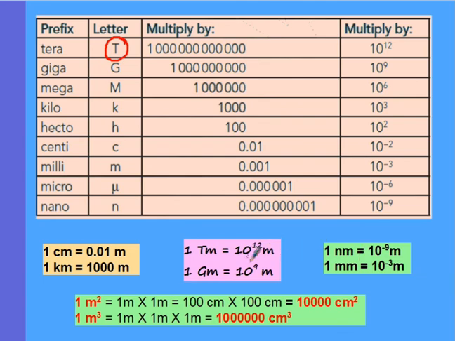Here we are learning megameter. So terameter means 10 raised to 12 meter, and gigameter means 10 raised to 9 meter. Nanometer means nano is a smaller unit. So nano is given here. Nano means 10 raised to minus 9 meter. So whenever you are going from bigger to small, you multiply, and when we are going from small to big, we divide.